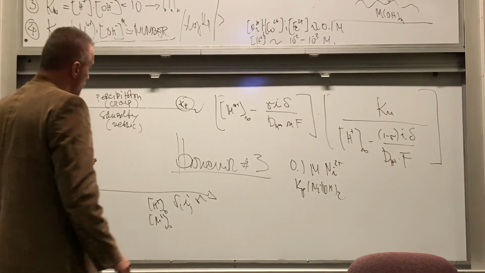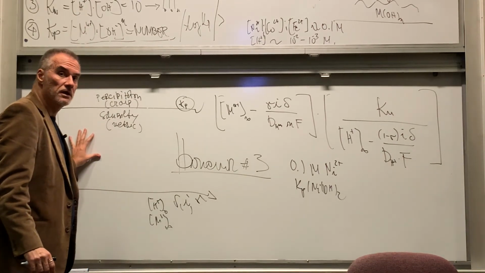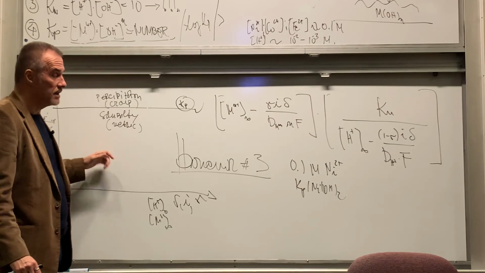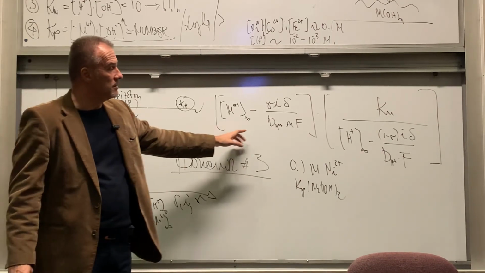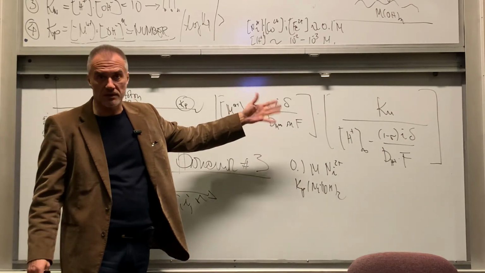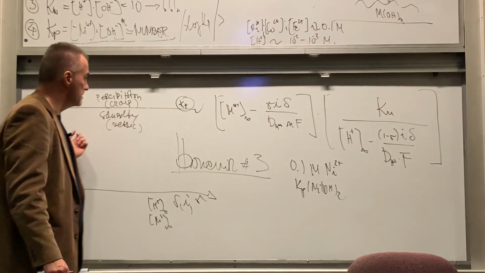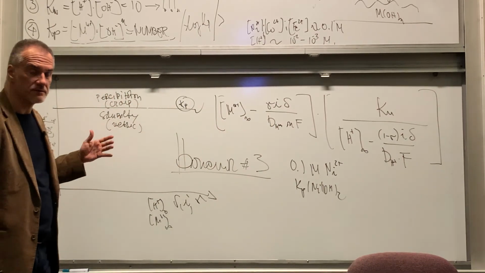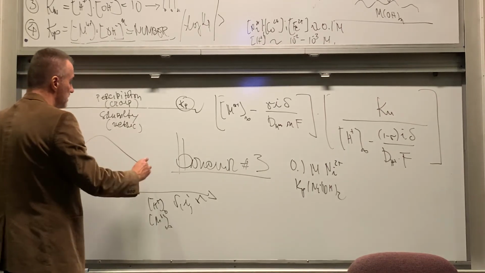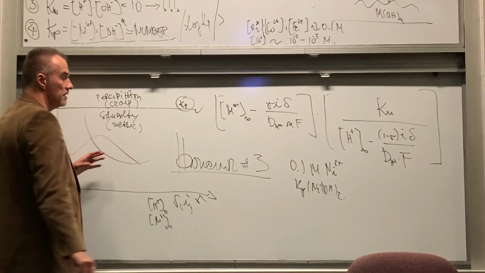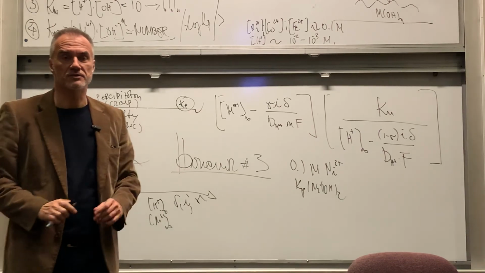So your homework really asks you to make these plots and see how all these variables, for arbitrary numbers, affect this. And you will see, interestingly enough, someplace you will see this, someplace you will see that, depending. The math is interesting here.